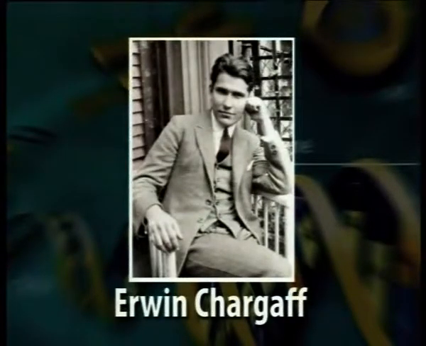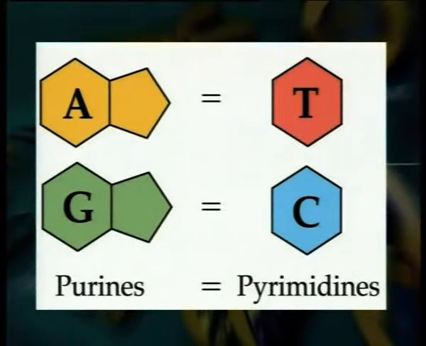However, chemical analysis of DNA of different species by Erwin Chargaff during the 1940s clearly demonstrated that in all DNAs, regardless of the species, the number of adenine residues is equal to the number of thymine residues, and the number of guanine residues is equal to the number of cytosine residues.